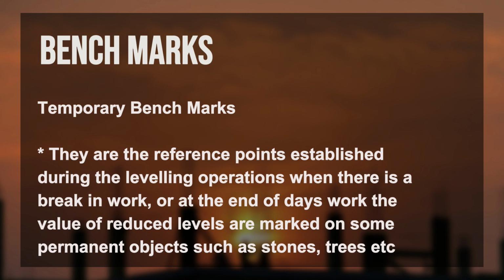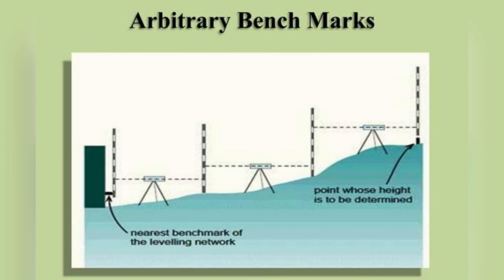A temporary benchmark will be marked on permanent objects like the stone or trees, and then the work can be started further the next day. This is an example of an arbitrary benchmark. This figure also shows the temporary benchmarks which are being established temporarily.